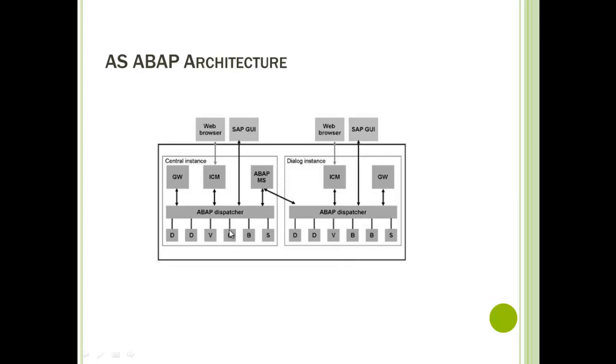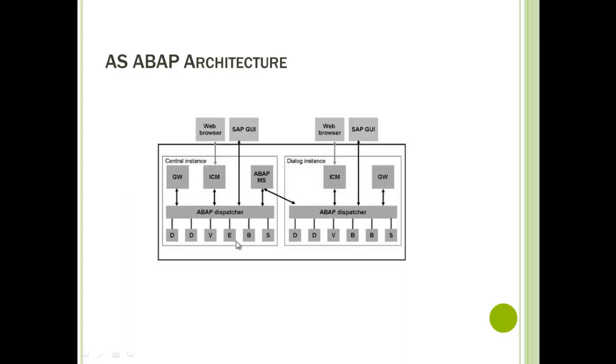As we have seen, enqueue can be only one for the locking mechanism, and it runs in the central instance. And the use of the message server is that the message server talks to all the dispatchers of the different application servers.